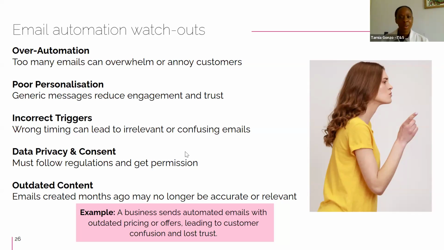So have a watch out. When I write my emails, I'll do them maybe 3 months in advance. But on the first day of every month, I have a quick review of things that are coming out automatically, just to make sure it's okay, based on the way the world is changing. Also, get permission from people to be added to that mailing list.